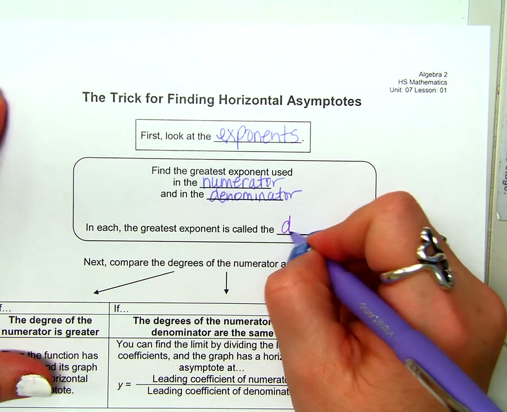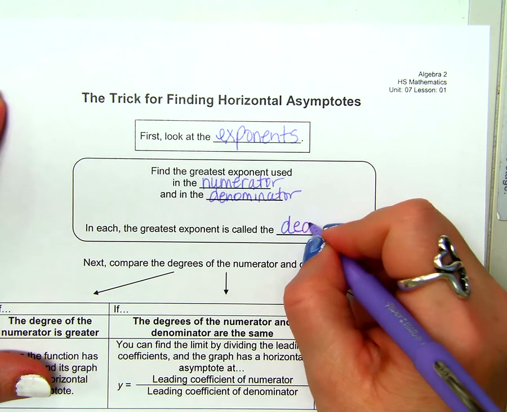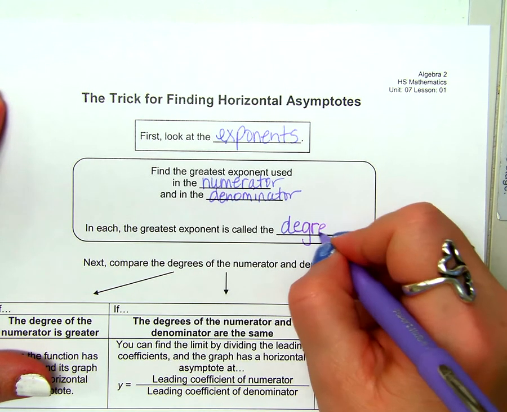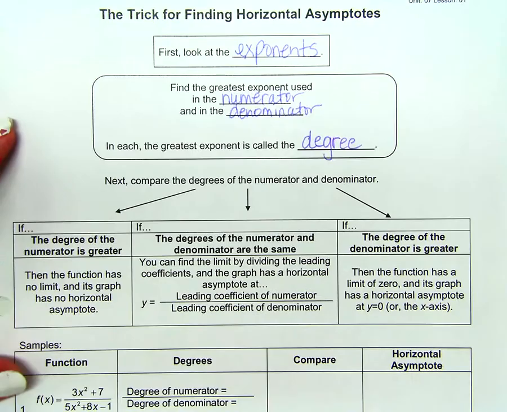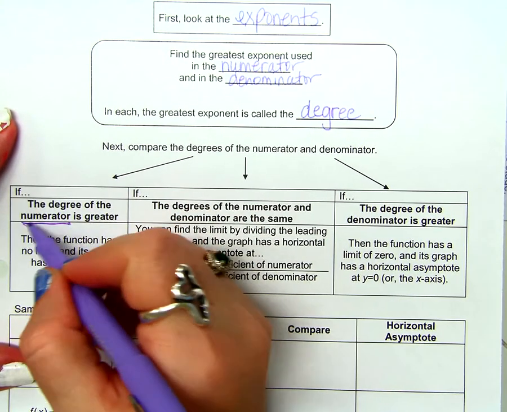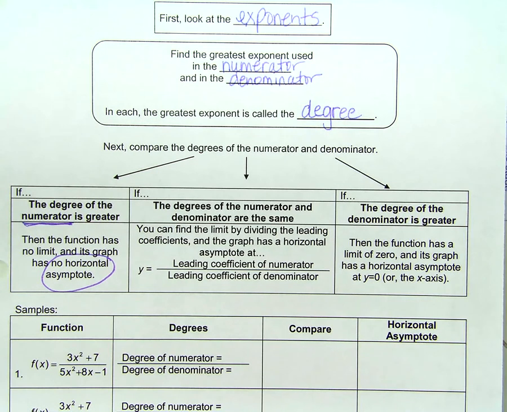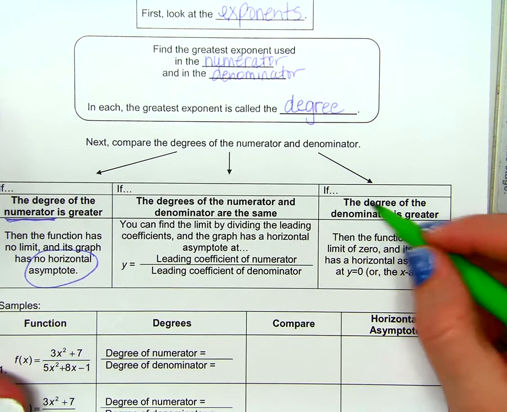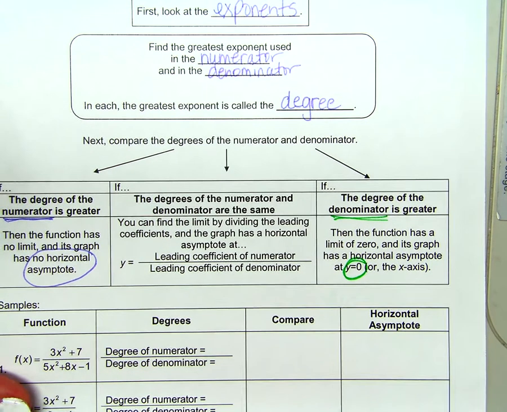We've talked about this before. Now compare. When the degree of the numerator is greater, there's no horizontal asymptote. That's written on your paper. What happens when the denominator is greater? Y equals 0.